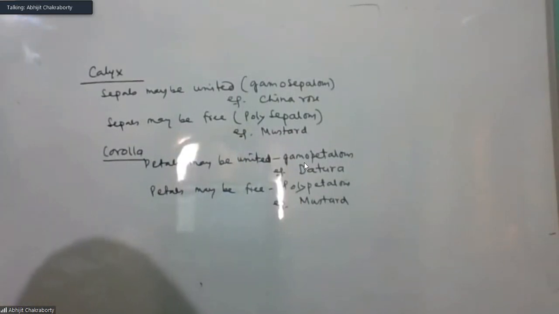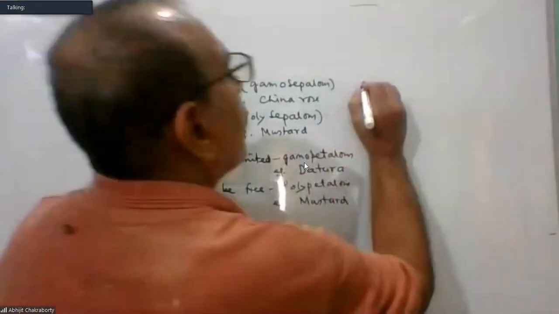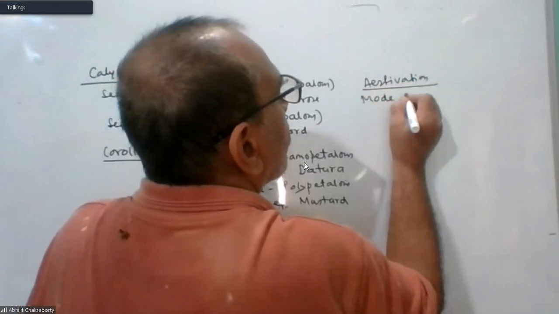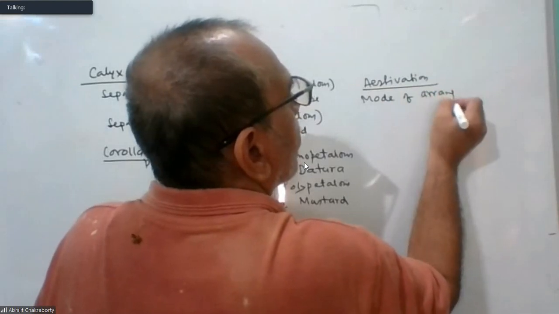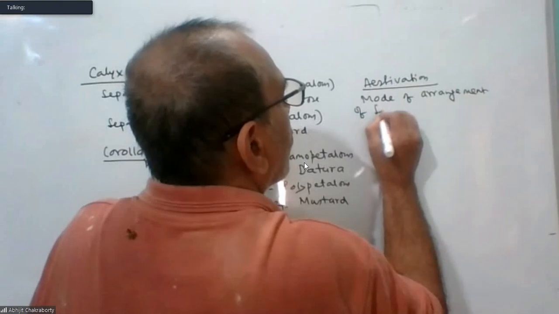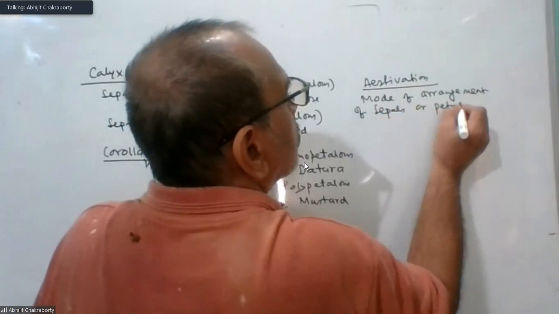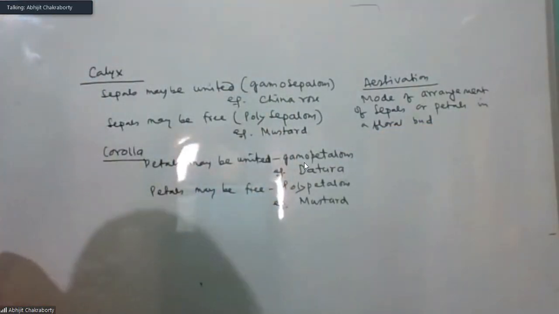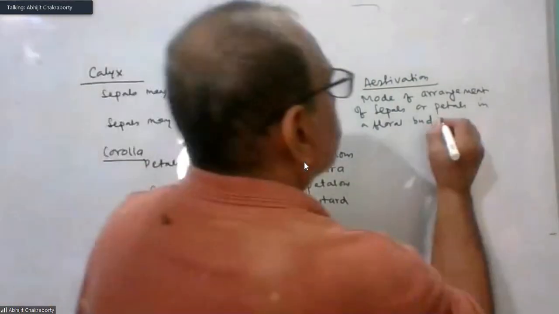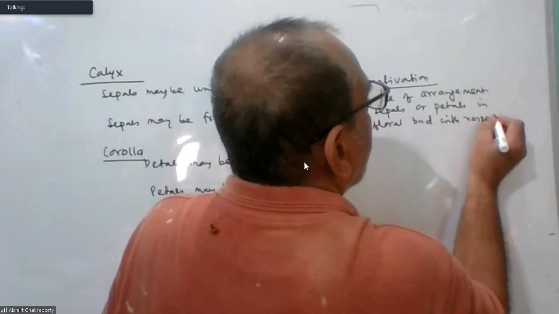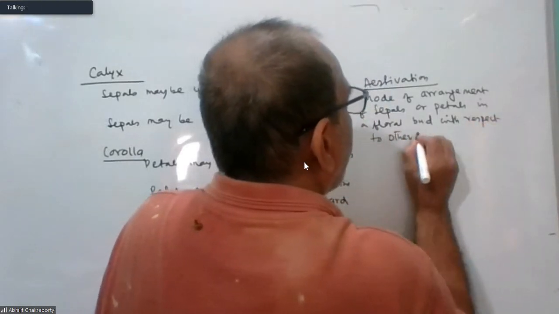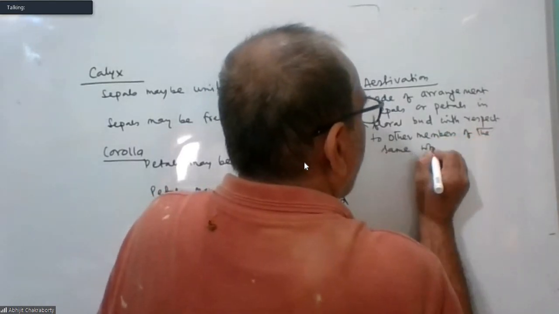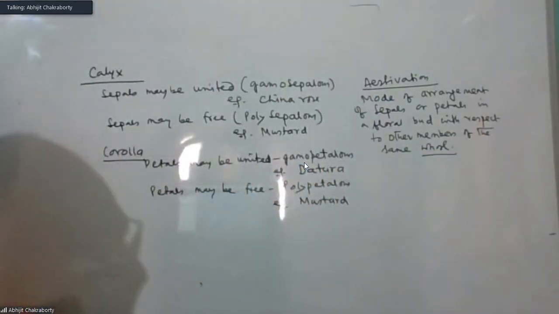The mode of arrangement of sepals or petals in a floral bud with respect to other members of the same whorl is called estivation.